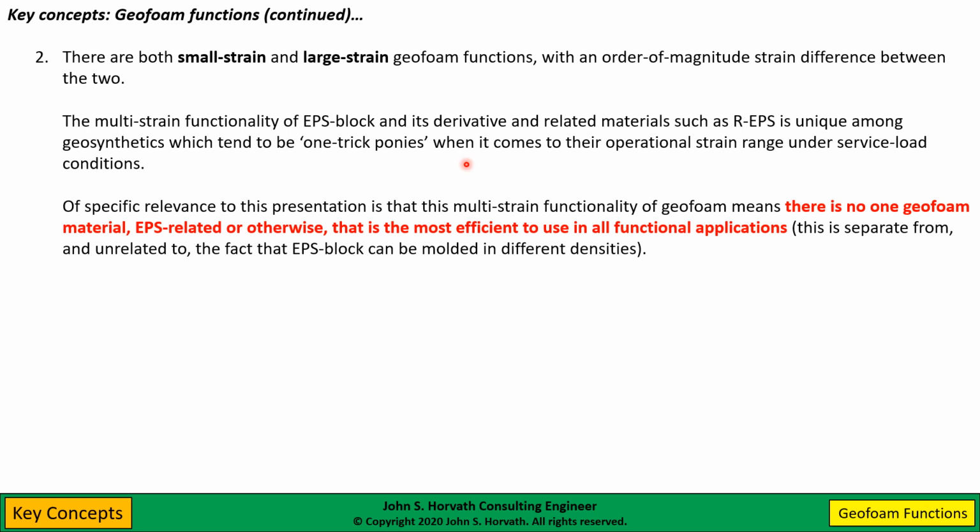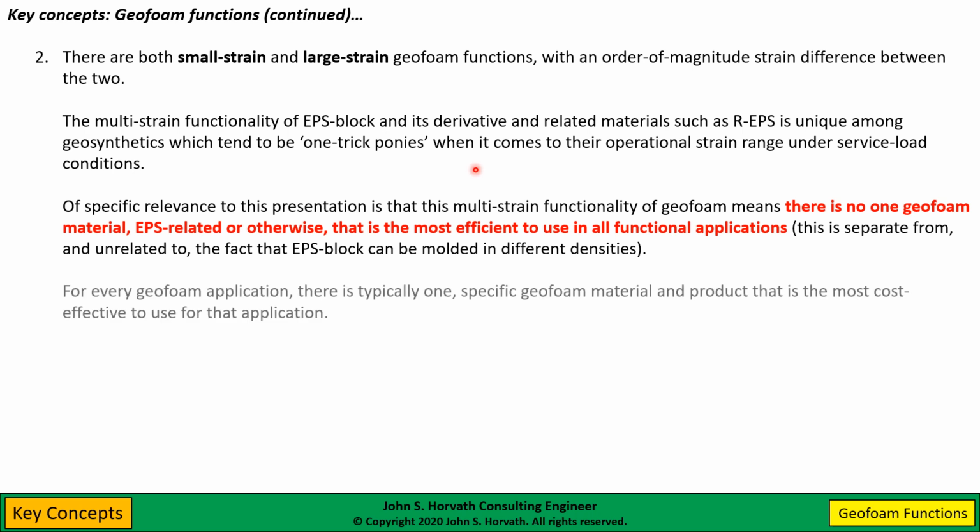You evaluate which material is the most cost effective for a particular project. And it should be that way when using geofoam to reduce earth pressures. So for every geofoam application, there's typically one specific geofoam material and related product that's the most cost effective to use.